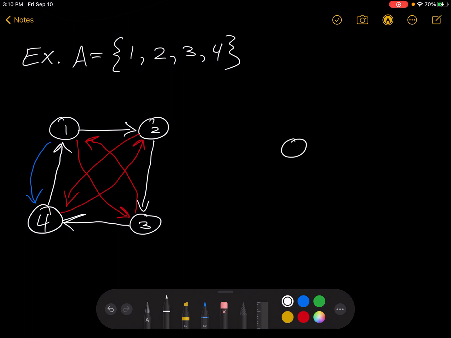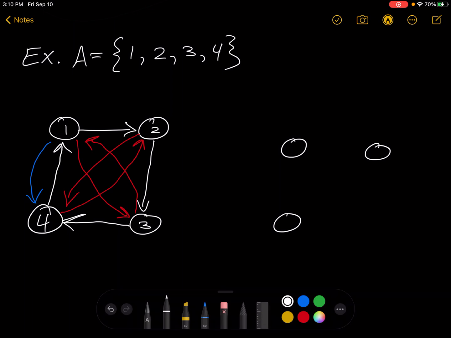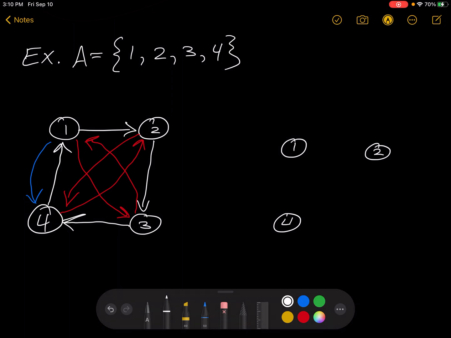Now let's see. 1, 2, and 4. So here we have 2R4 and 4R1. That tells us we need 2R1.